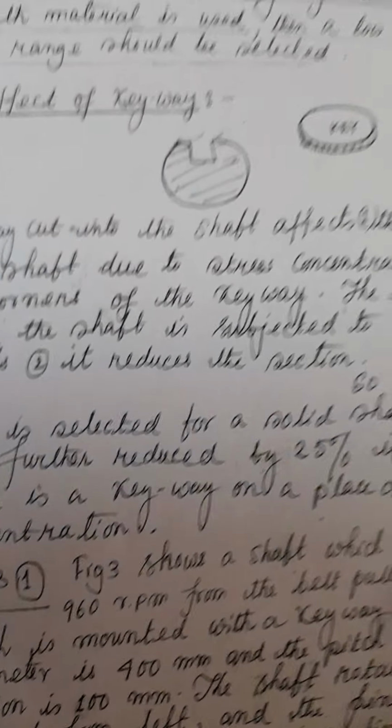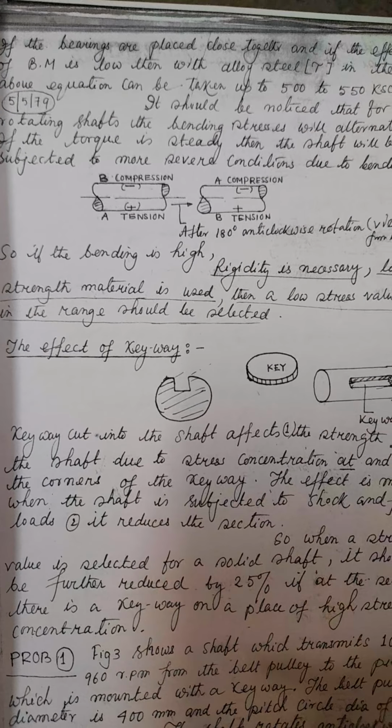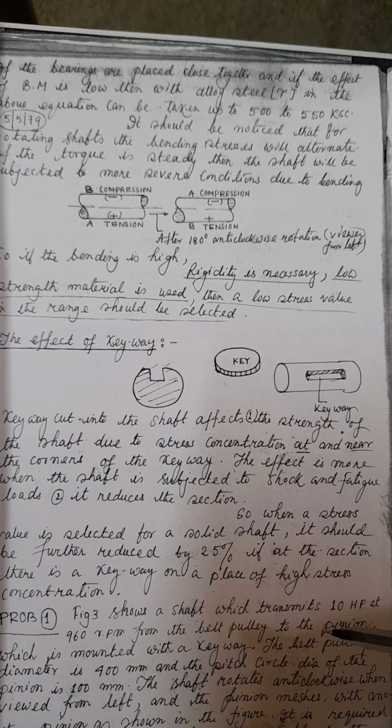Now you understand, if there is a keyway, you have to reduce the stresses by 25%. Okay.